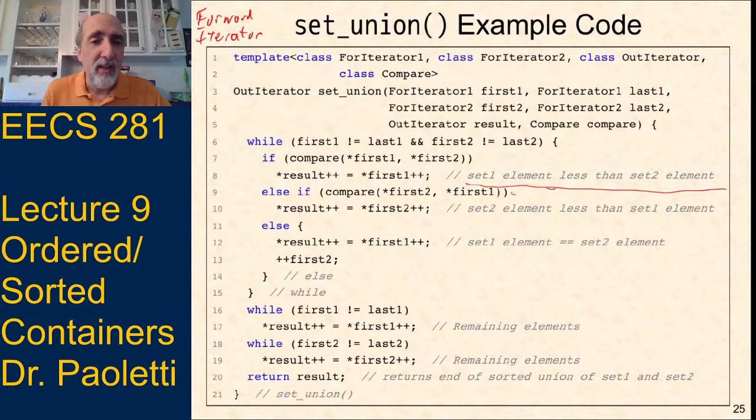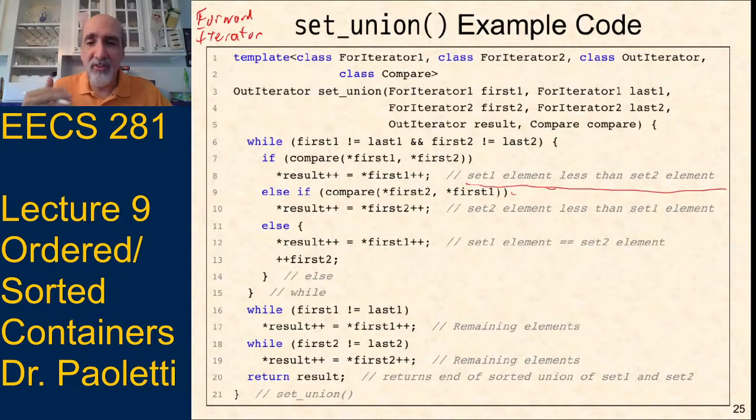Now the syntax here, I believe Professor Darden went over in a previous lecture. The syntax is important and the order is important. Dereferences happen first. So I dereference first, I read from it, I dereference result, I write to it with the equal sign, and then the plus pluses happen.